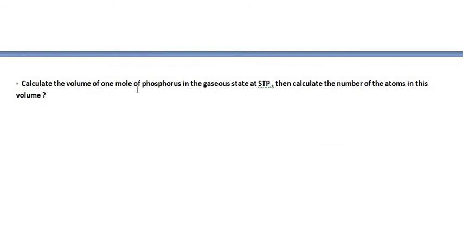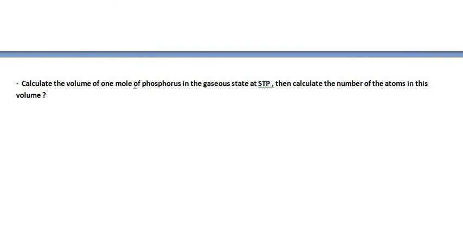Calculate the volume of 1 mole of phosphorus in the gaseous state at STP. Then calculate the number of atoms in this volume. It's clear that the formula of phosphorus vapor is P4.